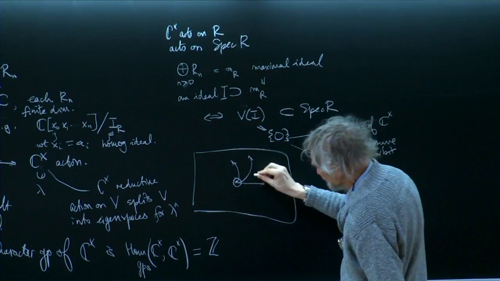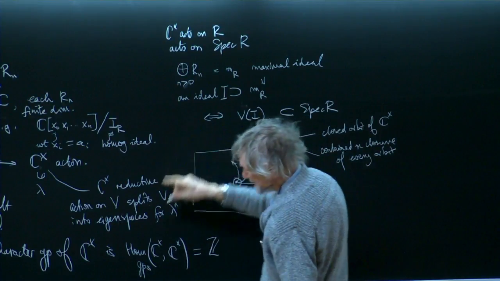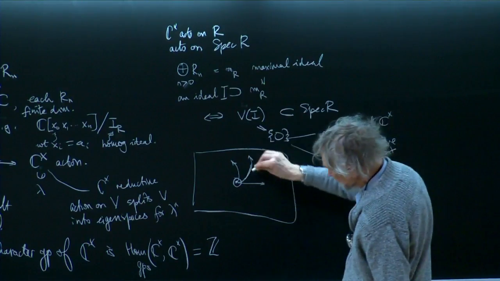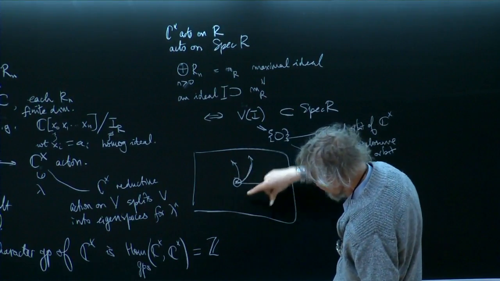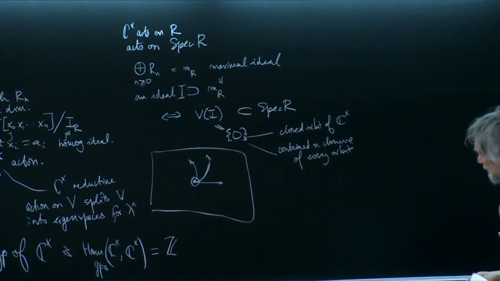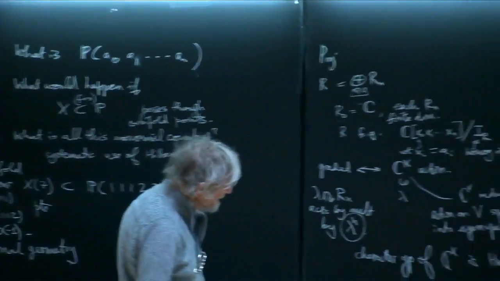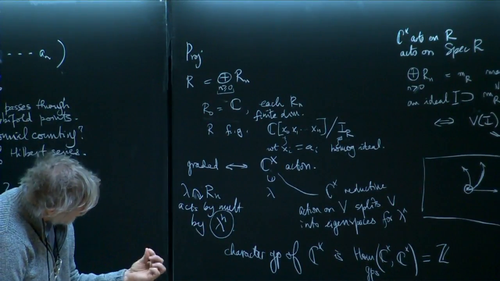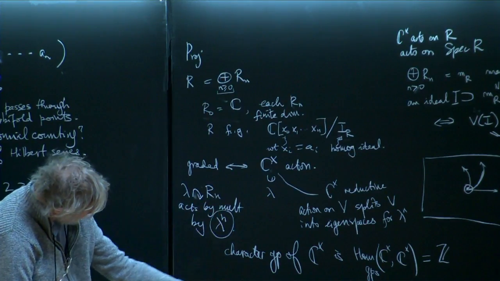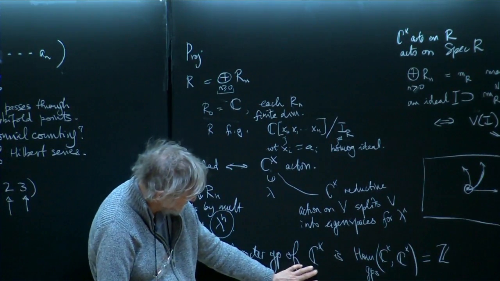Yes, so one of these orbits is what happens when I take my point and hit it by these powers of lambda. If I let lambda go to 0, then I'm streaming into the origin. So part of geometric invariant theory is that if I've got a group action and one orbit is in the closure of another orbit, then you can always achieve that by passing through some copy of C star inside the group.